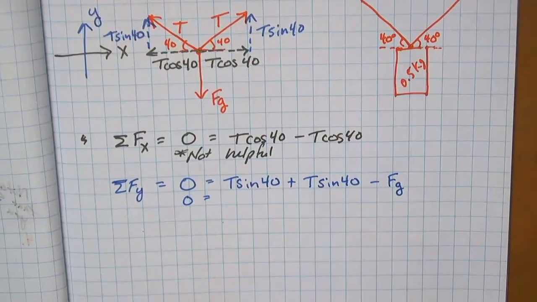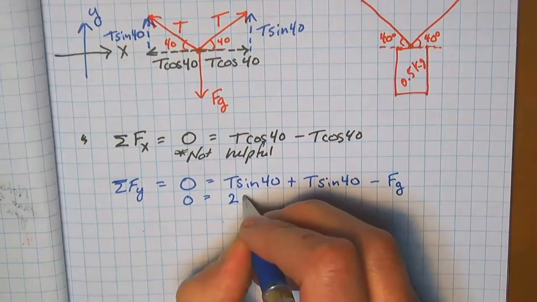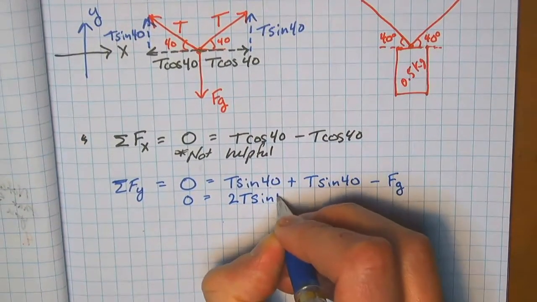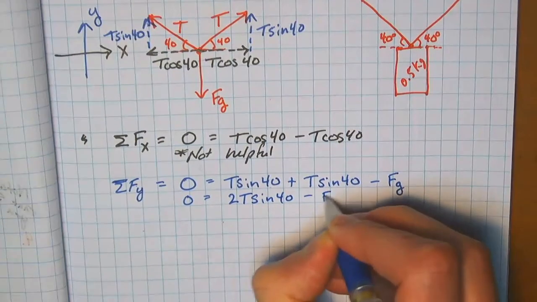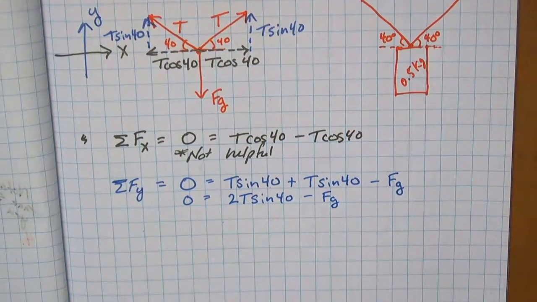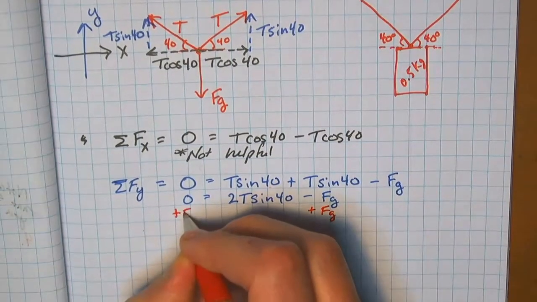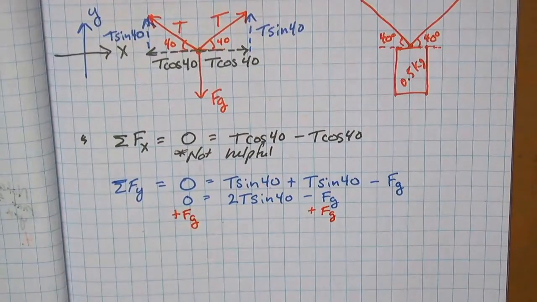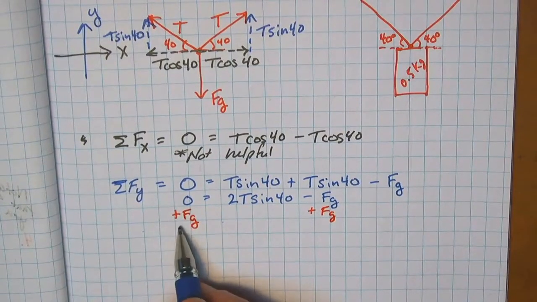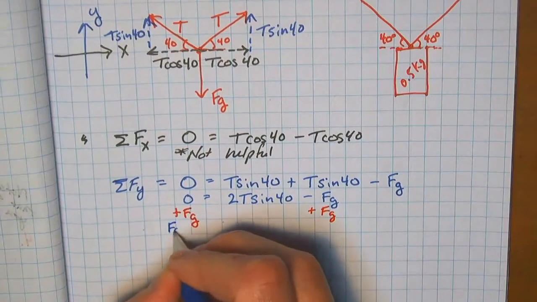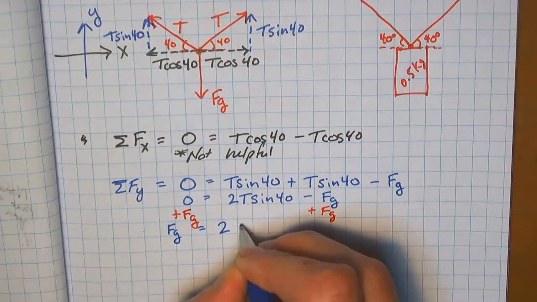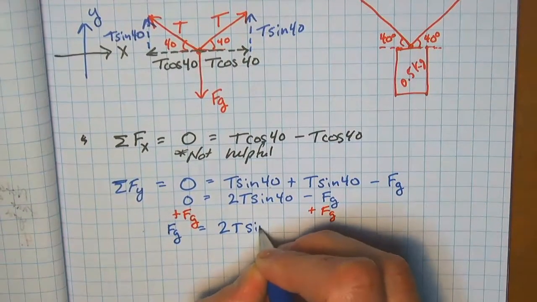T sine 40 plus T sine 40 is going to be 2T sine 40 minus force of gravity. I then can add the force of gravity to the other side, so plus Fg. That's going to give me Fg is equal to 2T sine 40.